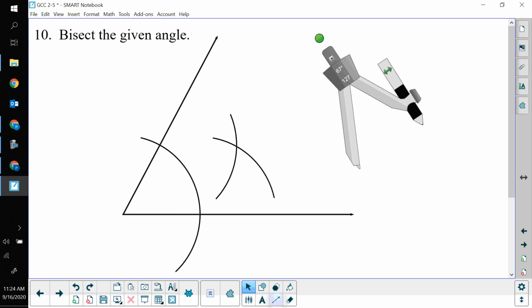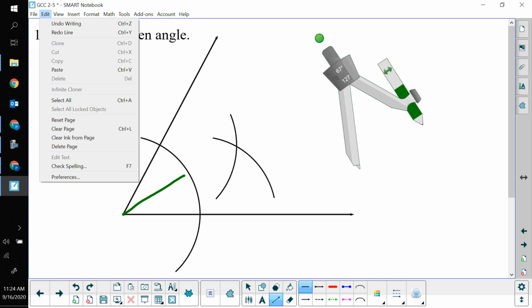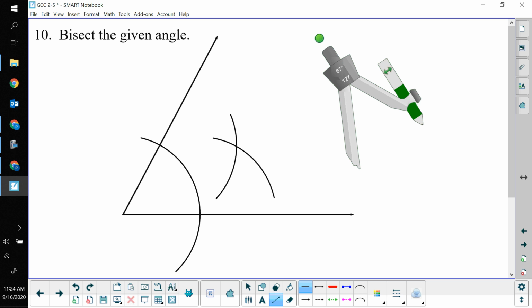That'll get us an intersection. And then we just connect from the vertex. Oops. That was supposed to be a line instead of the pen. So then we connect from the vertex to the intersection, and that is our angle bisector. The angle bisector cuts the angle into two congruent angles.